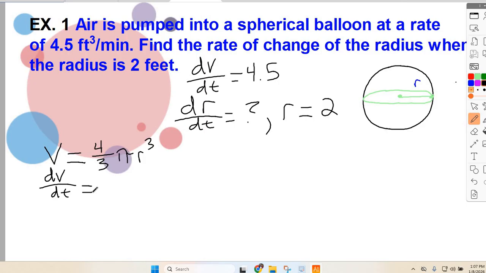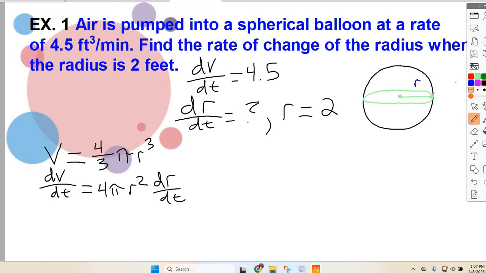Do I agree the derivative of r cubed is 3r squared? So if I multiply 3 by 4/3, I'm just going to get 4 pi r squared. But again, what are we taking the derivative with respect to? Time. So we also have to multiply by dr dt.